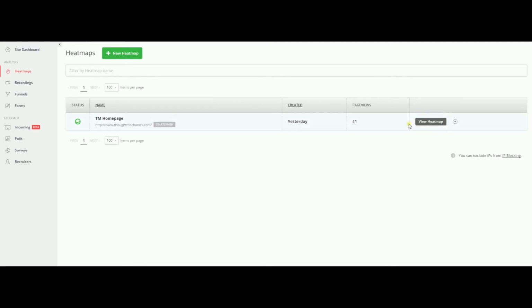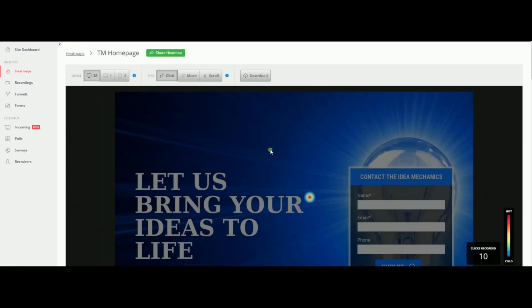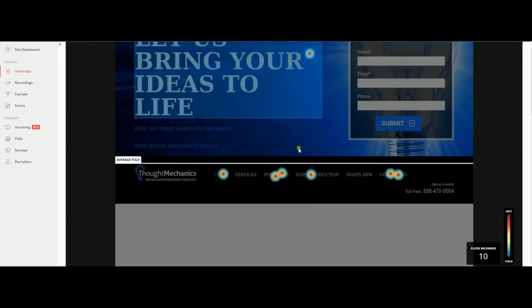So we'll take a look at a heat map that we've done real quick for our Thought Mechanics website. We're going to be able to see clicks, where they've moved to on the website, and where they're scrolling on the website. So on the clicks, we have a few clicks up here. You can see they've started focusing in primarily on the navigation, which is what we would expect to see.